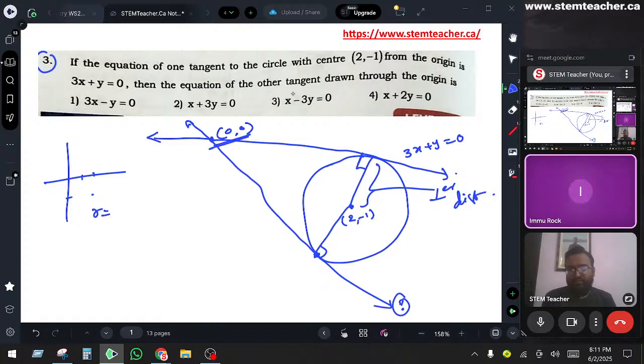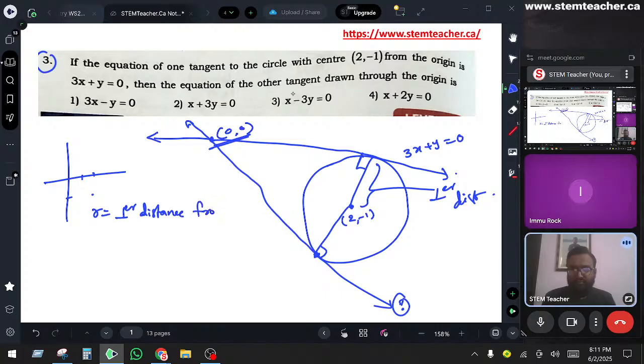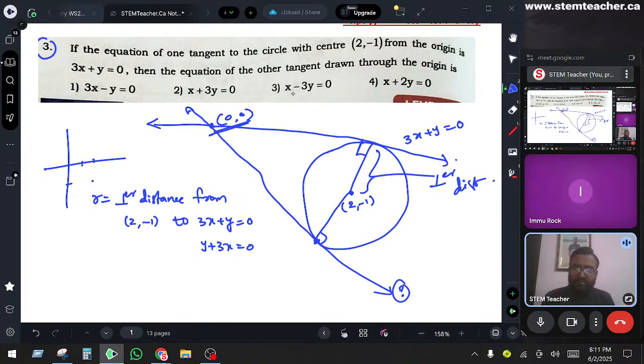R is equals to perpendicular distance from 2 comma minus 1 to 3x plus y is equals to 0, or y plus 3x is equals to 0. You have to keep like this. Y plus 3x is equals to 0. All lines passing through origin, that will fail here.